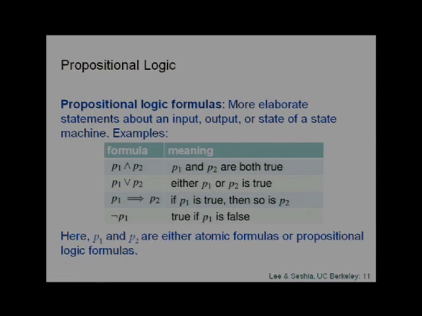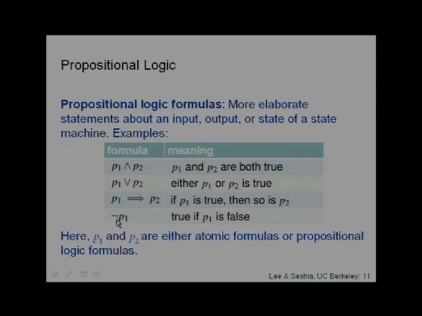That's logical implication. It means that if P1 is true, then P2 must be true. And this is not, so this means that P1 is false. I think we might have seen this earlier in the class when talking about guards, so you're not altogether unfamiliar with this.